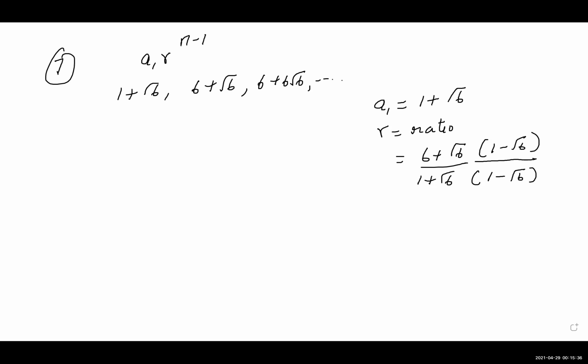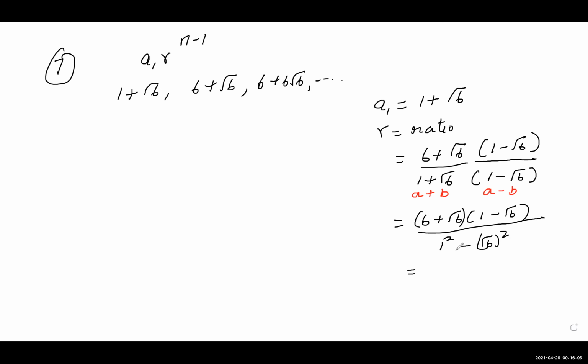So when you do that, when you multiply it by the conjugate, this becomes (a plus b)(a minus b). Okay, so on the top we have 6 plus square root of 6 times 1 minus square root of 6, but at the bottom it becomes 1 squared minus square root of 6 the whole squared.